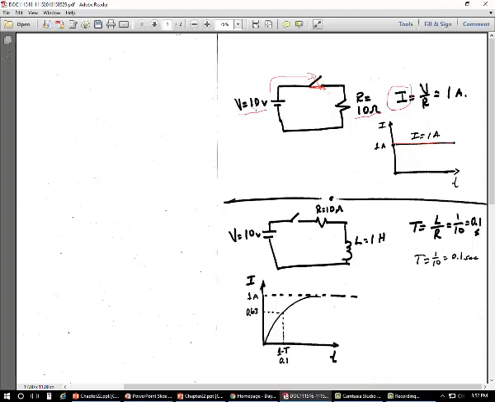In this case, we have a circuit that has a resistor of 10 ohms, a voltage source of 10 volts, and the circuit is open.